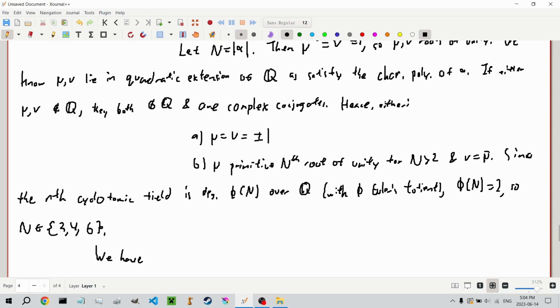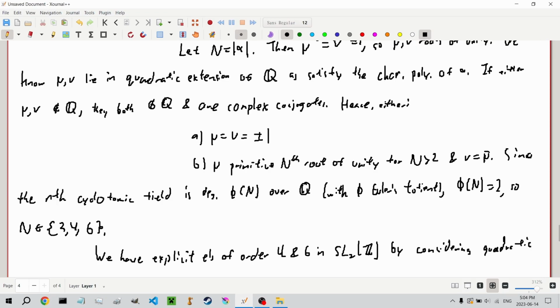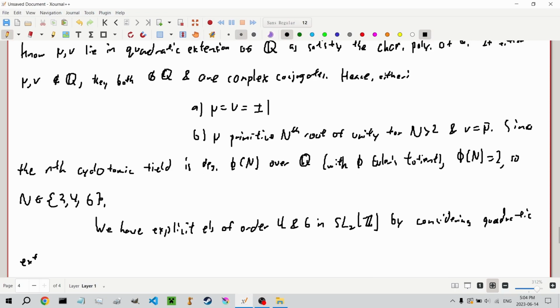We have explicit elements of order 4 and 6 in SL2 of Z by considering a quadratic extension K being Q extended by X and representing multiplication by X using our basis 1 and X.